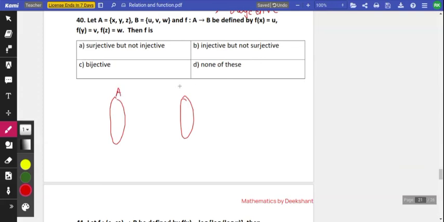Here are A and B, X, Y, Z, and here are U, V, W. For X, we have the image U, for Y the image is V, and for Z the image is W. So by mapping, we can easily say that the given function is one-one and onto. So the given function is a bijective function. So the correct answer is option C.